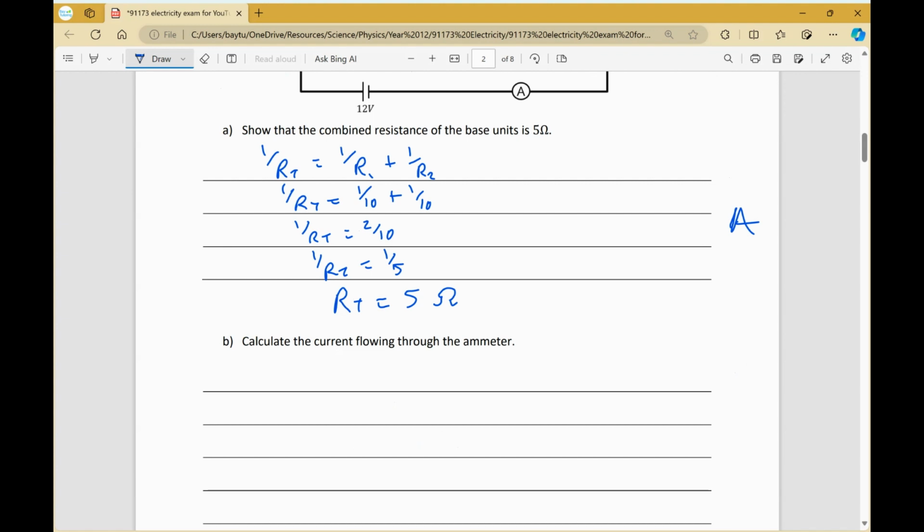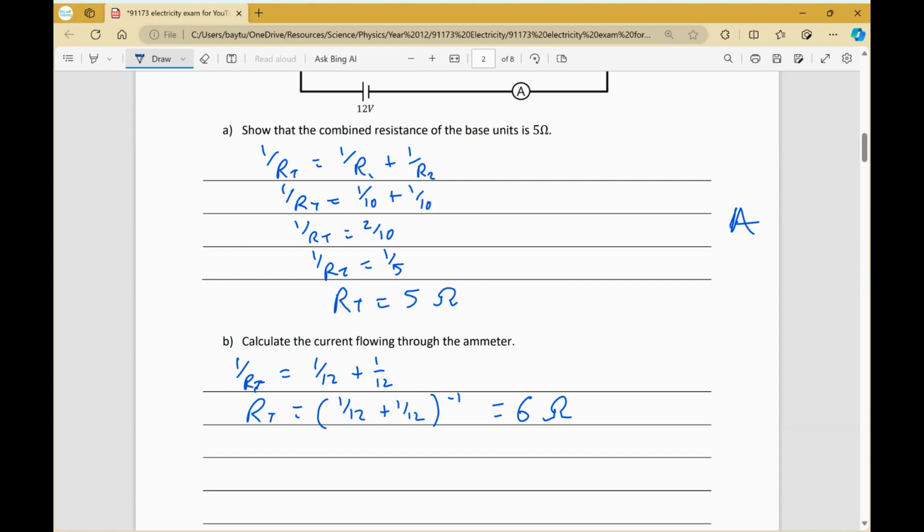So let's start off doing the resistance of the back units. Similar method to what we did in part A. So we'll go 1 over 12 plus 1 over 12. So if we, again, inverse that, that gives a total resistance of 6 ohms for the back units.